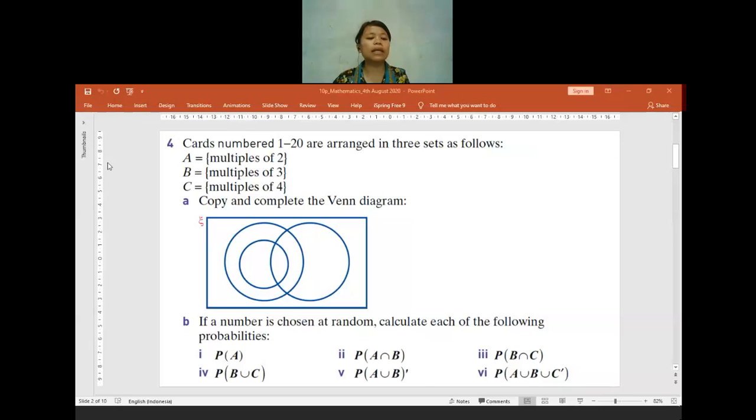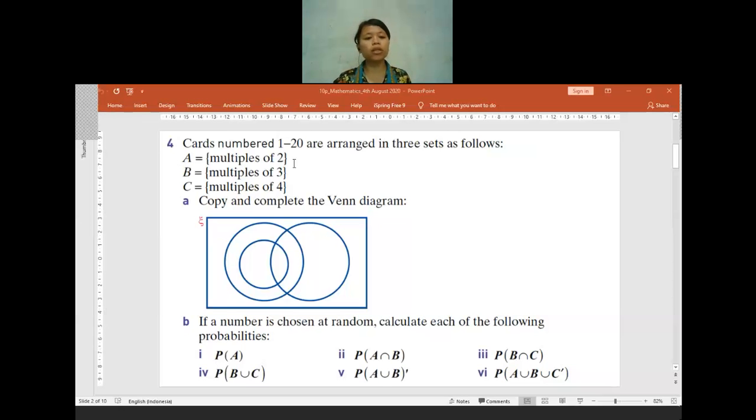Now let us discuss question 4. We already have the numbers from 1 until 20. Set A is the multiples of 2. Is there anyone who wants to help me make a list of the members in set A?